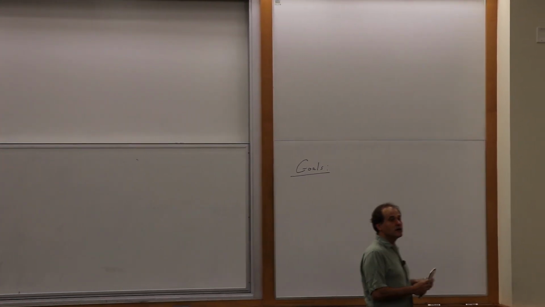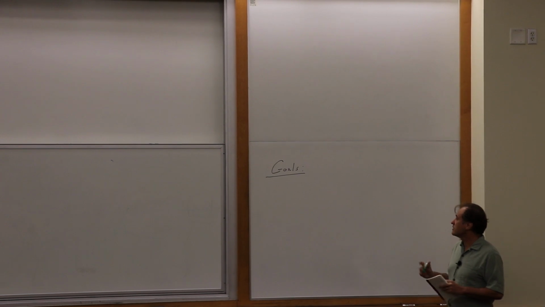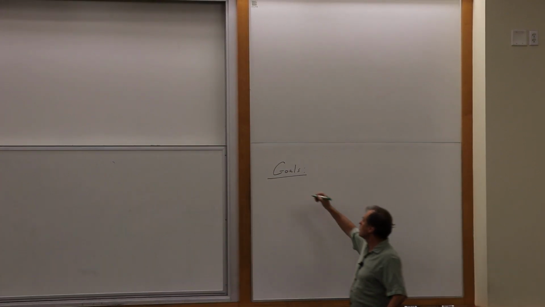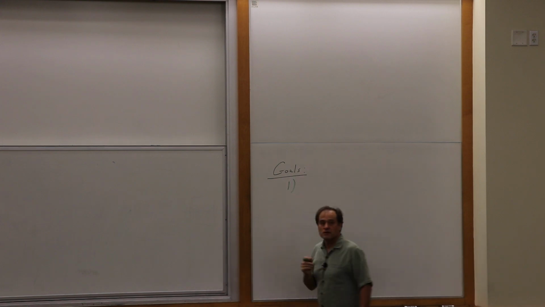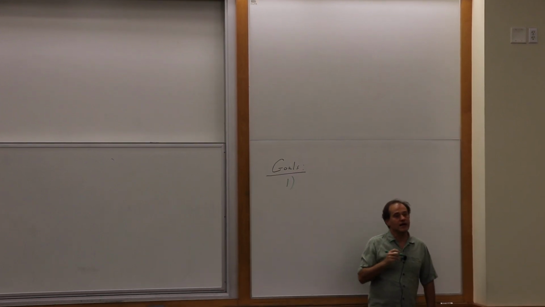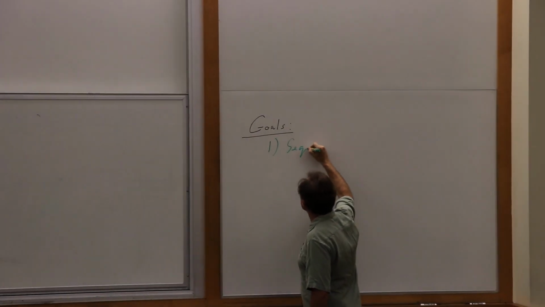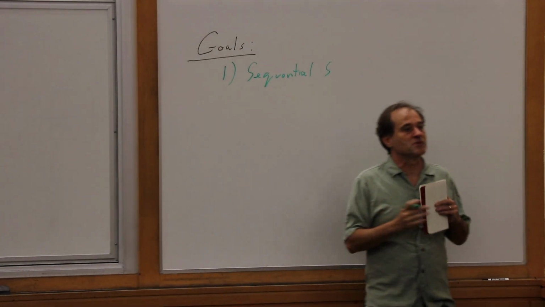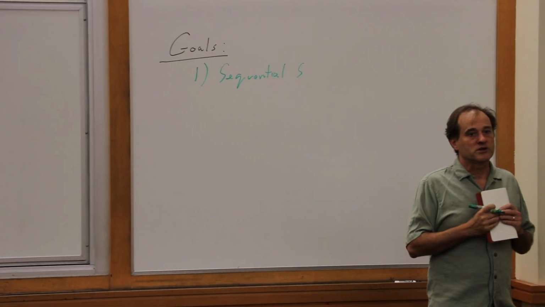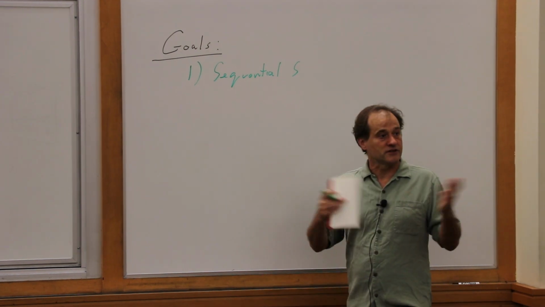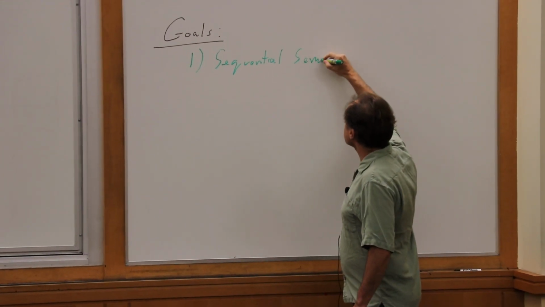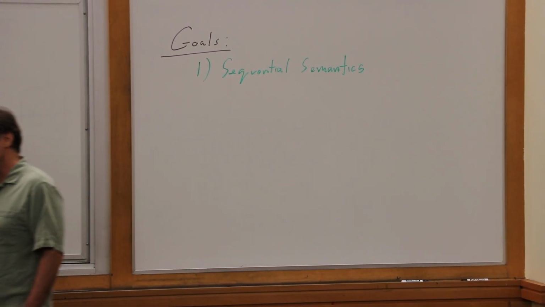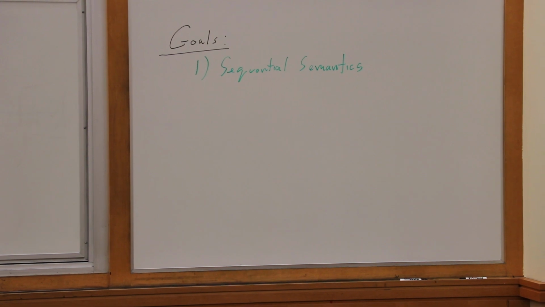So if you remember, the goals that we're trying to get done here are, first of all, we want the code to have a sequential semantics. I'm stepping back for a minute to remind you of the overall goals we're trying to achieve in this set of lectures: to still get parallelism, but reason about the code just like if it was sequential code.